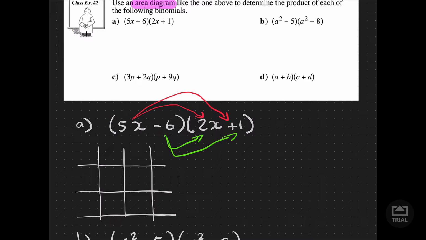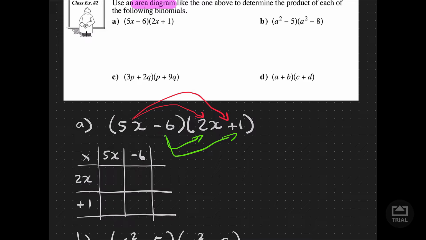And we are multiplying. What are the two numbers that we're multiplying? Well, 5x and negative 6, and then the other ones are 2x and positive 1. So I want to multiply these two together to end up right here, these two together for this square, these two together for this square, and these two together for that square right there.